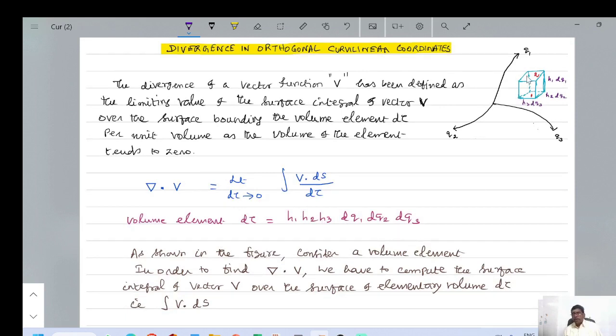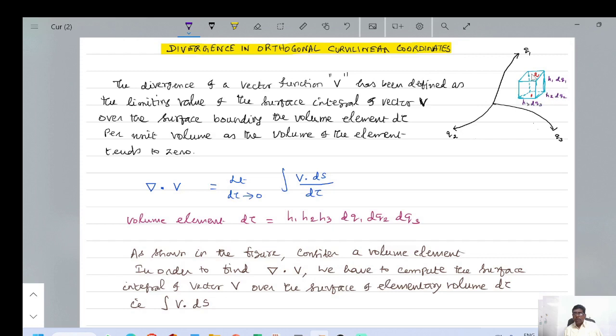Consider this volume element. q1, q2, q3 are the three curvilinear coordinates. In this volume element, in total 6 faces are present. Now consider the faces 1 and 2, opposite faces. This is h3 dq3, this surface. Then the side is h2 dq2. Then the height is h1 dq1.